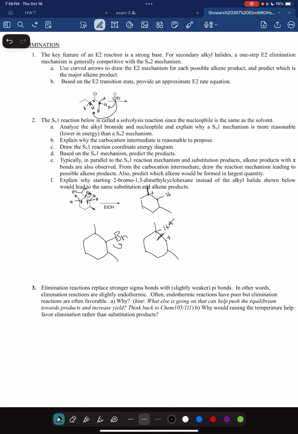Elimination reactions replace stronger sigma bonds with slightly weaker pi bonds. In other words, elimination reactions are slightly endothermic. Often, endothermic reactions have poor yields, but elimination reactions are often favorable.